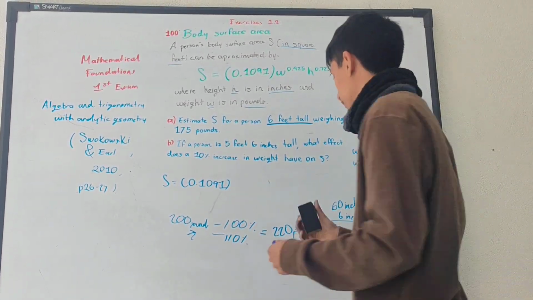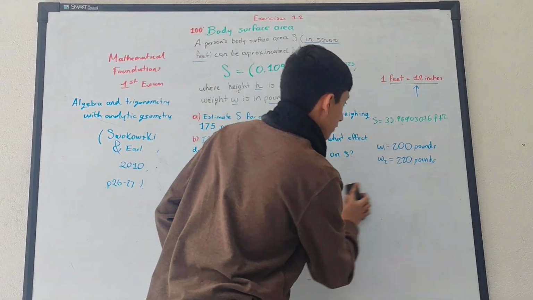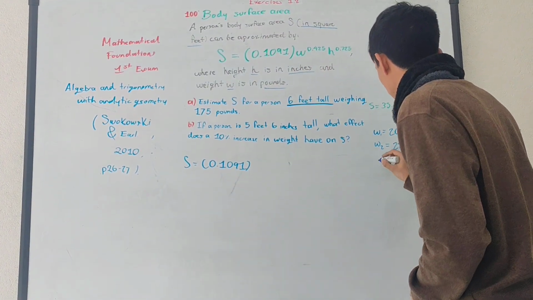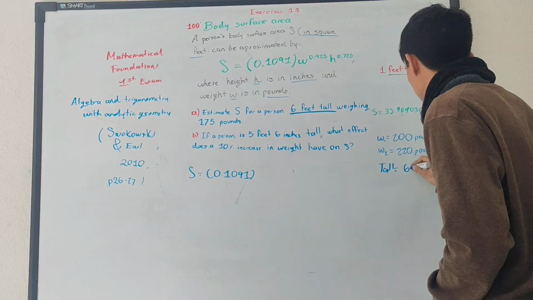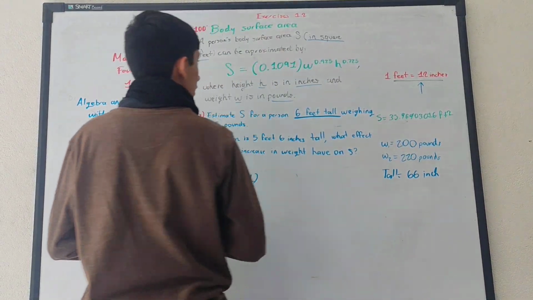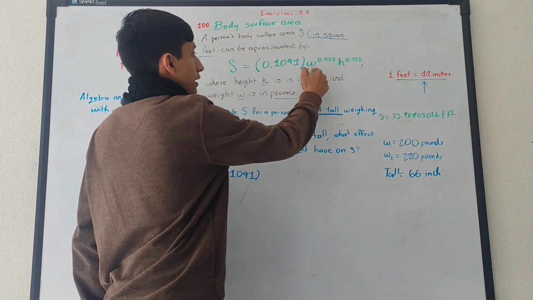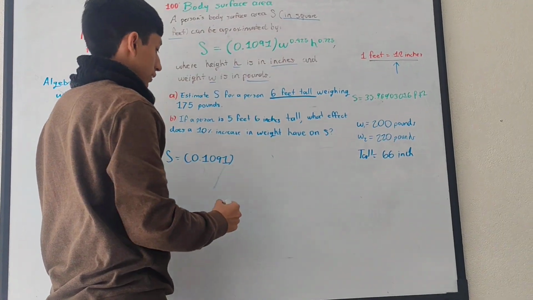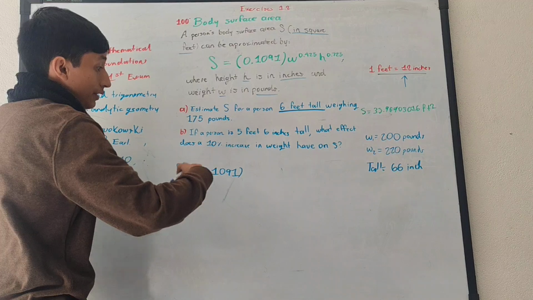Let me erase this really fast. I said that this height is equal to 66 inches. So the only thing that we need to do right here is to replace the values of our letters and look at the results after we solve it.